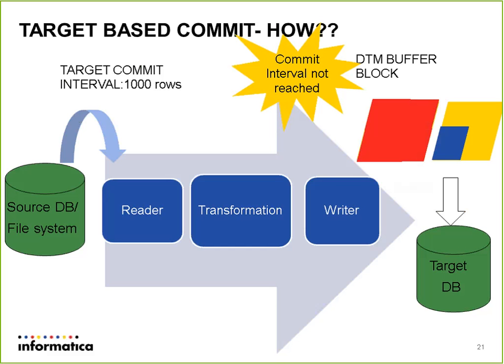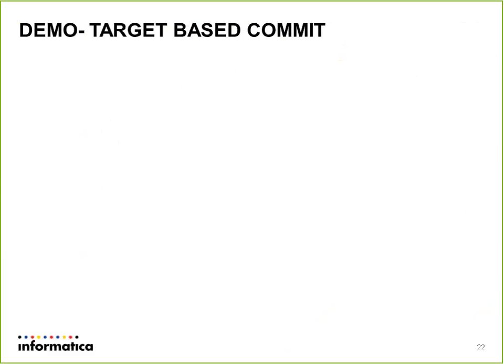The session process continues to fill the buffer and issues a commit if the writer is idle for the amount of time specified by the integration service writer-wait timeout option. Here the amount of rows written to the target can be more or less than that specified in the commit interval.